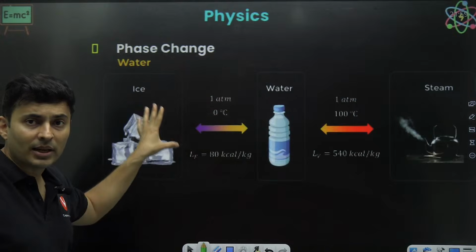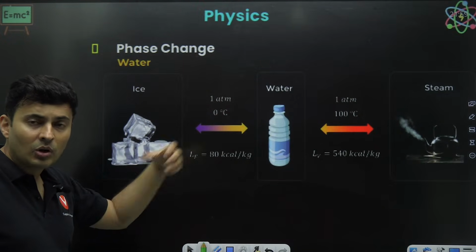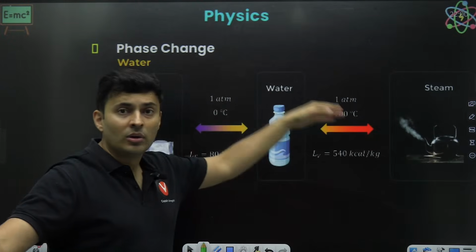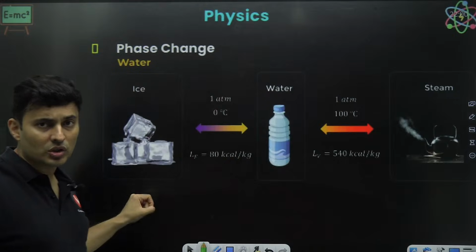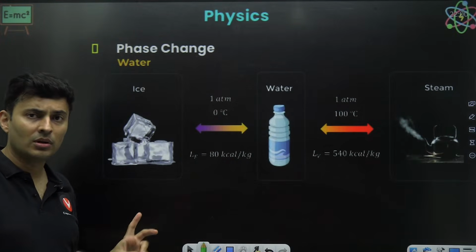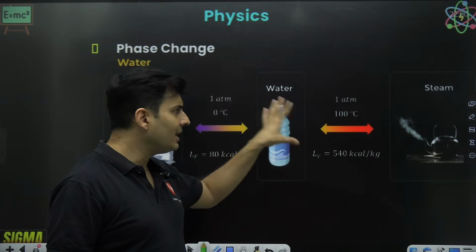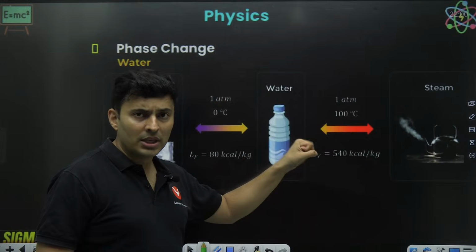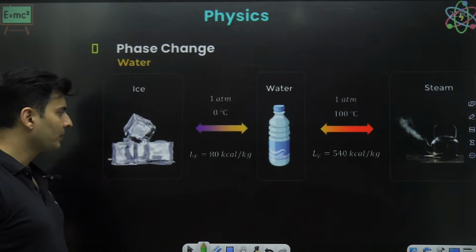In the reverse way, you have to absorb from the system or take it out from the system in order to take it from gas to liquid and liquid to solid. That's one simple rule which you should know. Okay. Solid heated converts to liquid. Liquid heated converts to gas. Gas being cooled converts to liquid. Liquid being cooled converts into solid.